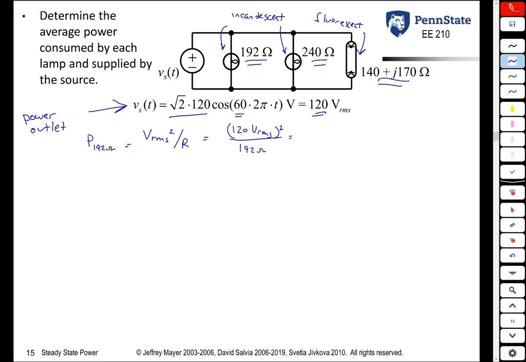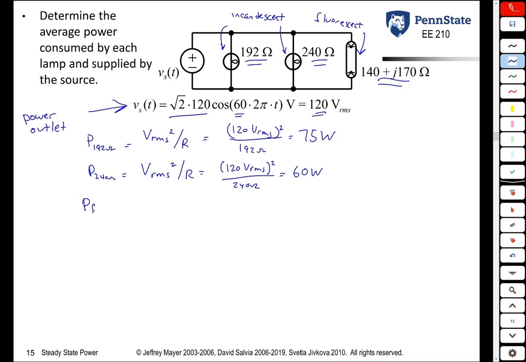We see that first light bulb absorbs 75 watts. Likewise, the 240 ohm resistor, its average power is VRMS squared over its resistance. So 120 volts RMS squared over 240 ohms. You work out that math, it's 60 watts. So we see the first light bulb is a 75 watt light bulb. The second light bulb is a 60 watt light bulb.